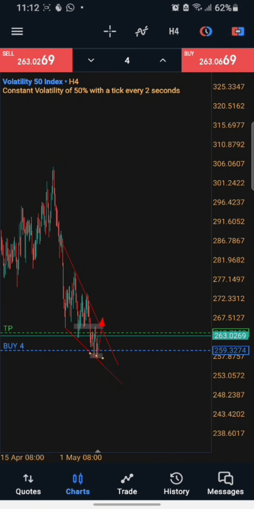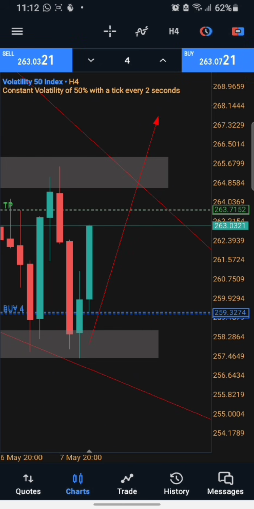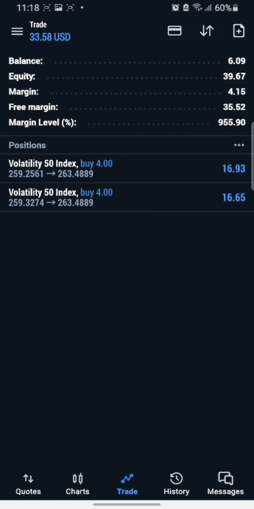But then, you know, since the market is manipulated, sometimes it fails to reach that TP. So sometimes you just have to close manually. As soon as you realize that you have collected enough profit, you just have to close and then leave the market.